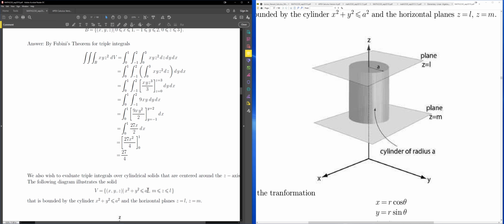Less than or equal to a squared means that for this cylinder, you're basically going to fill it. You're looking at your cylinder of radius a, and also considering the inside as well. So this is a sketch of the cylindrical solid that we're going to be looking at.